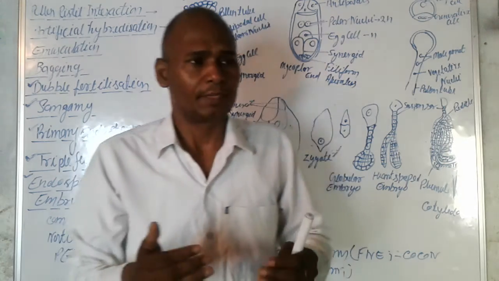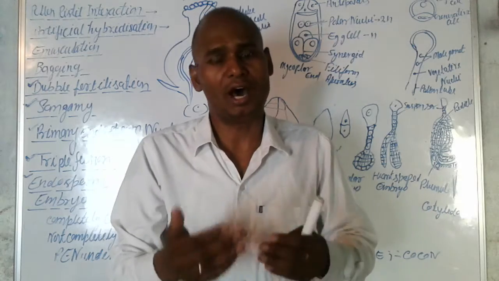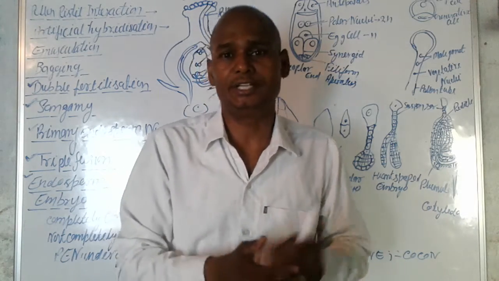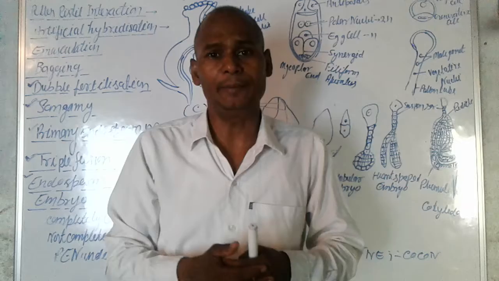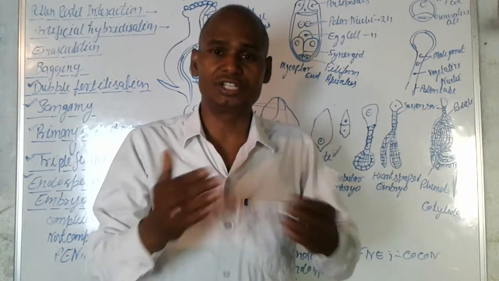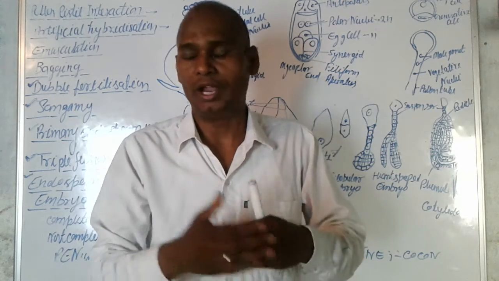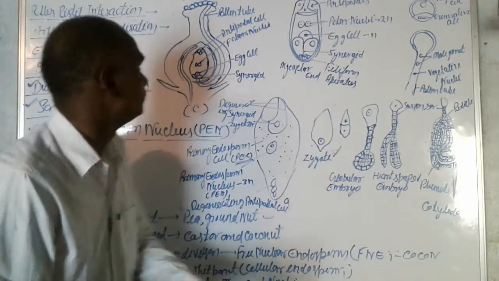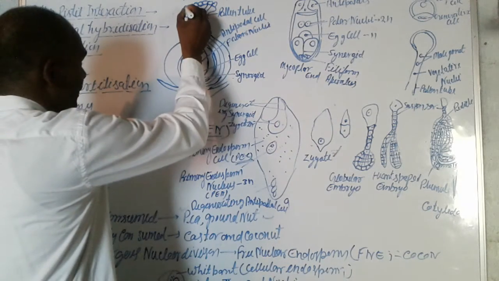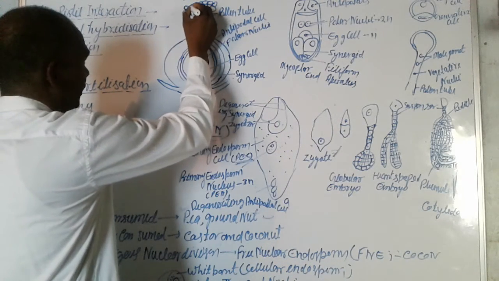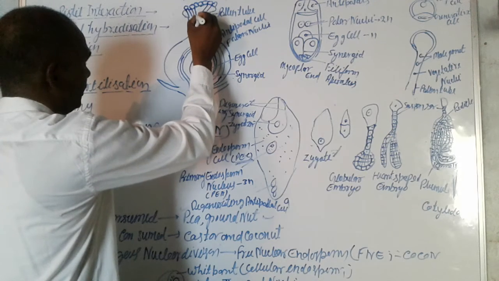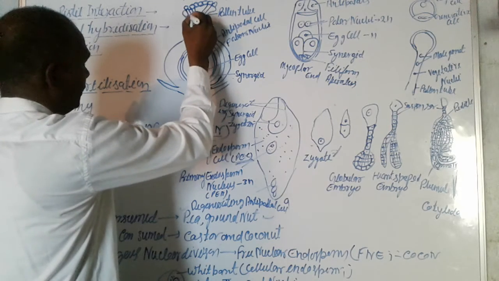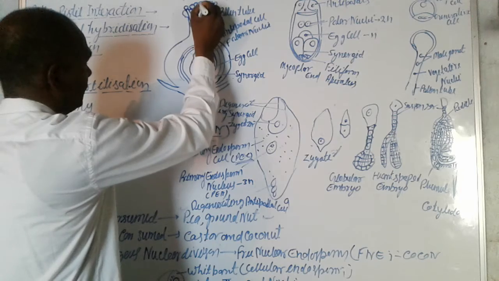Just like that, the pollen grain also germinates on the stigma and makes a root-like structure. This is the tube, and this tube is the pollen tube. You can see many pollen grains.